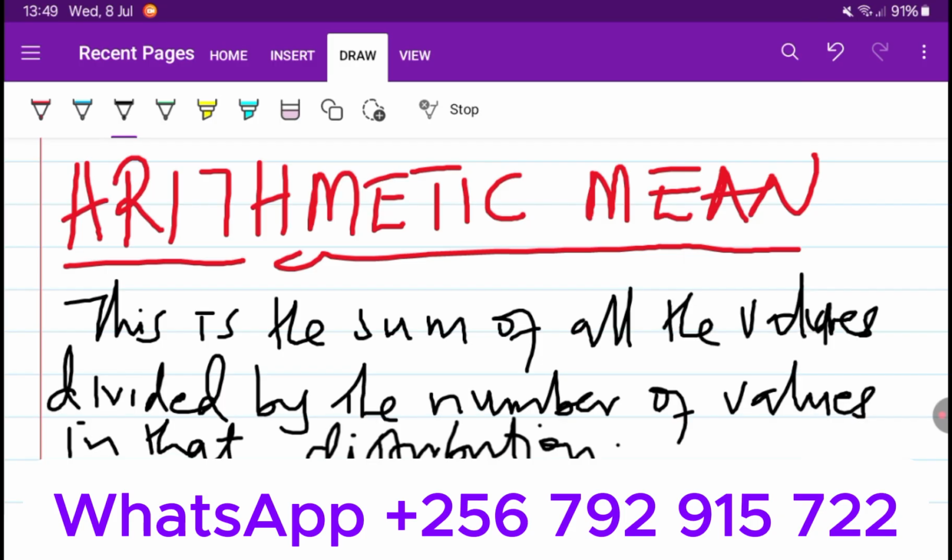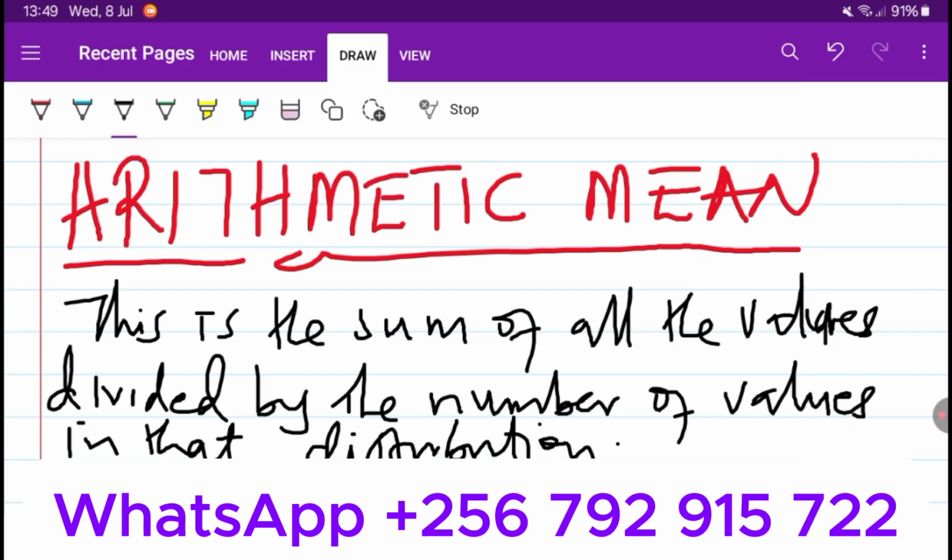Now, it is one of the most widely used measures of central tendency, and the challenge with it is that if you use a wrong average, you'll get inaccurate results.